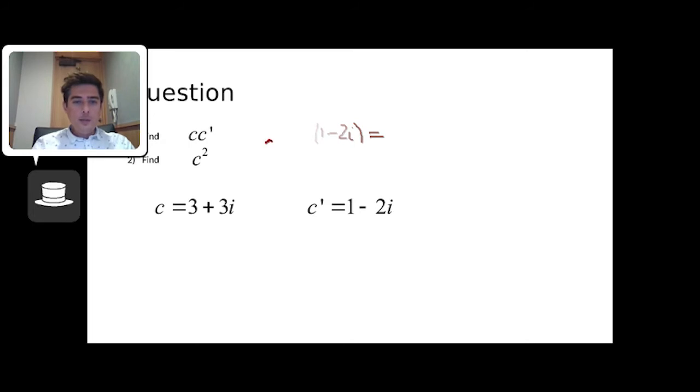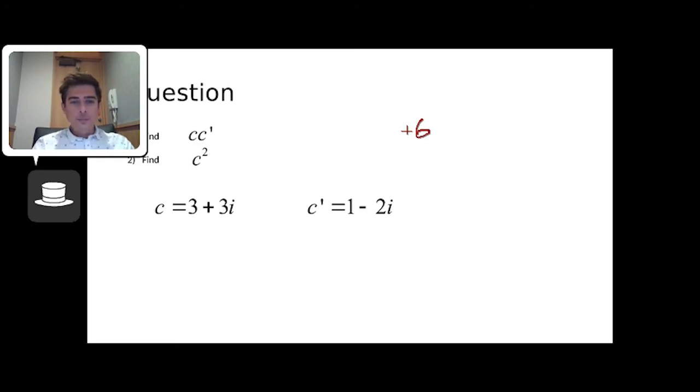Let's look at the first pair: 3 times 1 is equal to 3. Now let's look at the last pair: 3i times minus 2i. Of course 3 times minus 2 is minus 6, but we've also got i squared, and i squared is minus 1. So instead of it being minus 6, it's actually plus 6. That's probably the tricky one there.